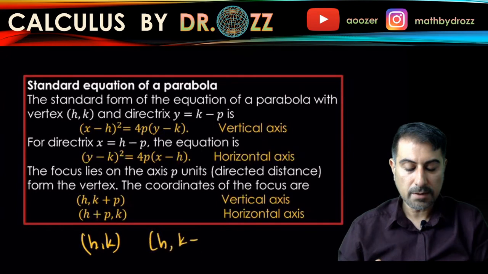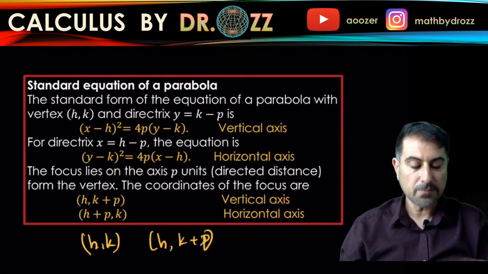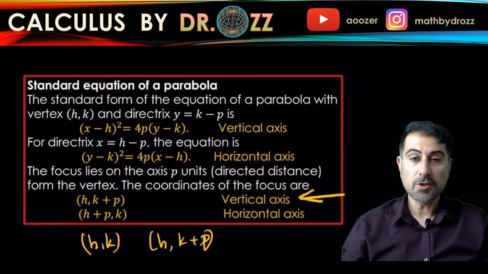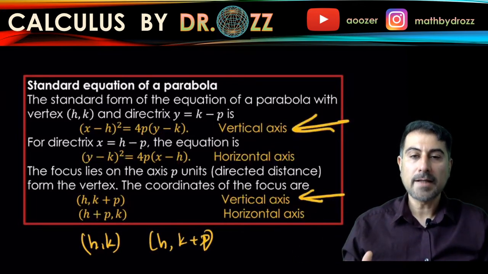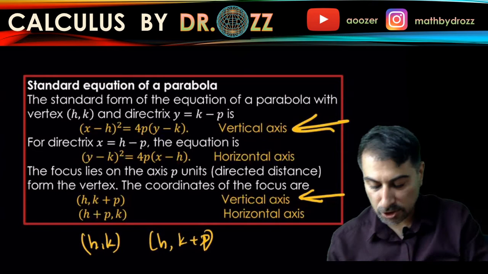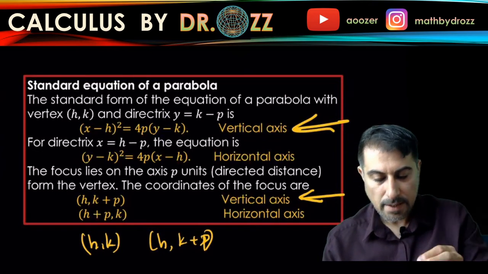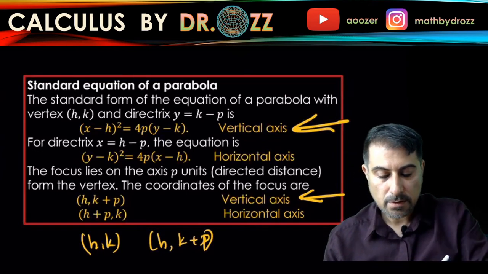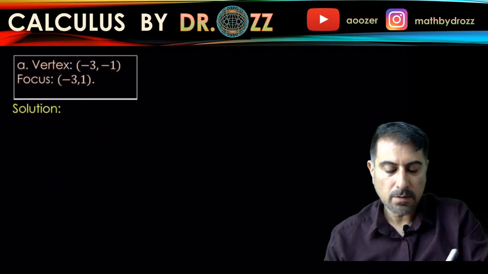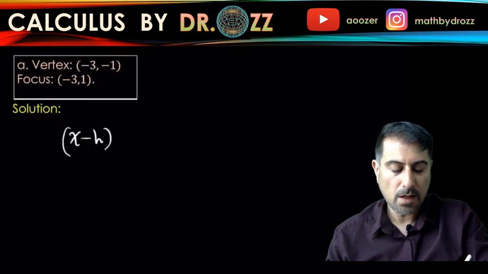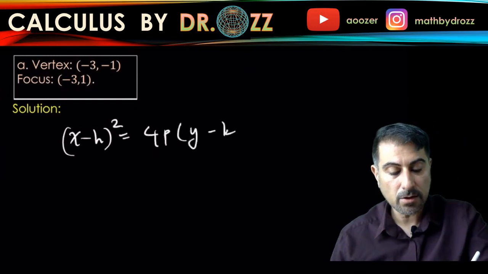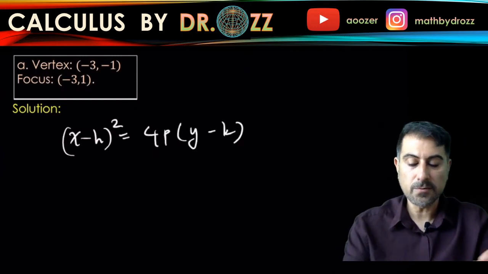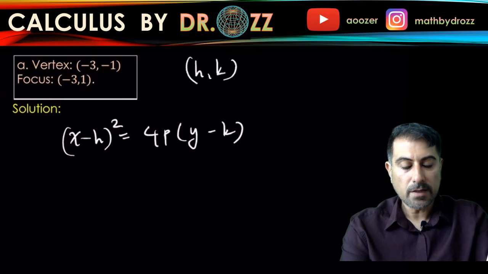So we were talking about this type of parabola. We should have (x minus h) squared equals 4p times (y minus k). Let me write that down. And we know exactly what h and k are, because that's the location of the vertex: -3 and -1.